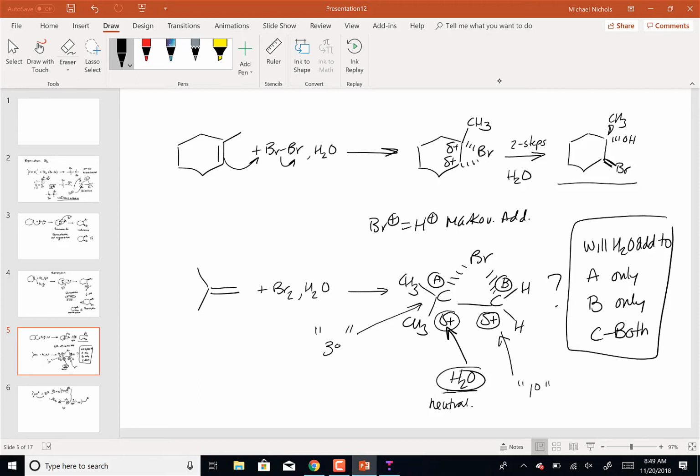So for this reaction that I just did here, this is the first reaction that is both regioselective, right, because it's Markovnikov addition in our broader context, and it's also stereoselective because it added the Br and the OH 100% trans.